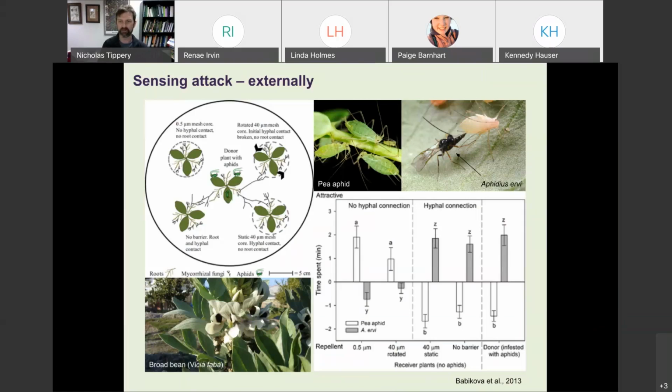And turns out that was an effective way, these hyphal connections intact were an effective way for drawing in the parasitoid of the aphids that were chewing on the plants. So I think there's probably a lot of research yet to be done on this. Lots of interesting ways that plants communicate with each other.